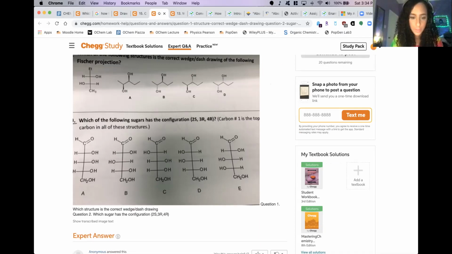Okay. So, I need a happier color. I don't want blue. Okay, so for 2, we're gonna go counterclockwise. And then these two are gonna be clockwise.